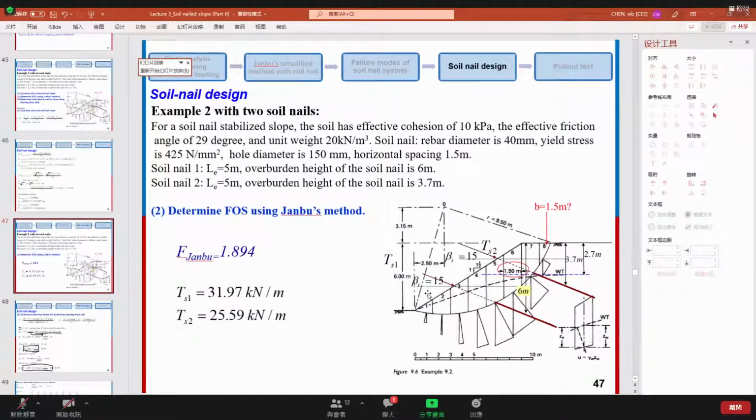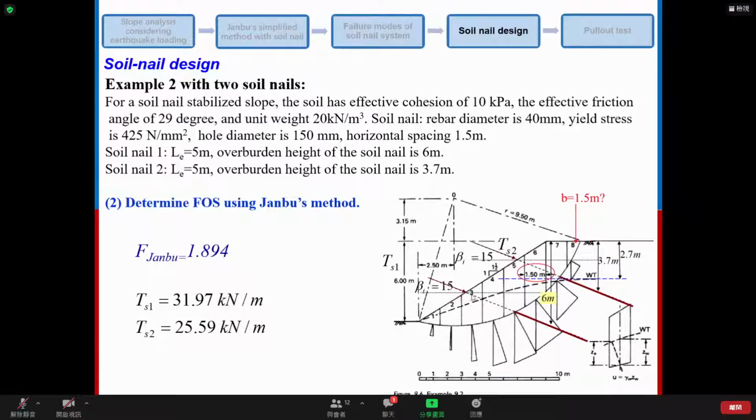One thing I want to discuss more is something different. Here, as I said, the soil nail force is only applied on slice 3 and slice 5, right? And in your assignment, the acting point of the soil nail is at the interpoint of two slices. Okay, what do I mean?